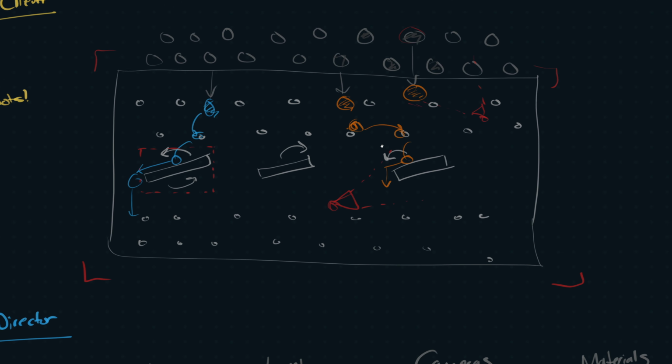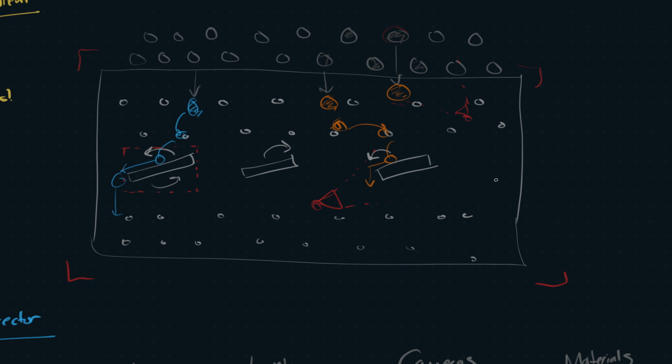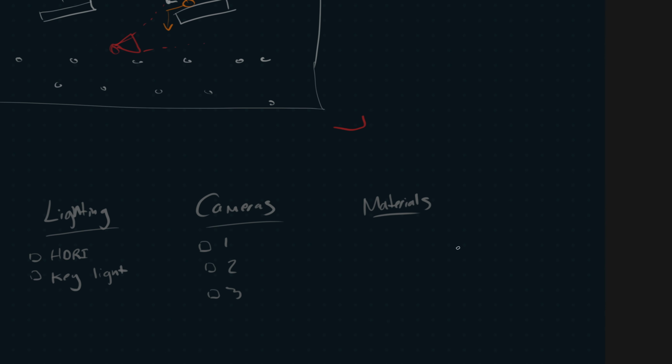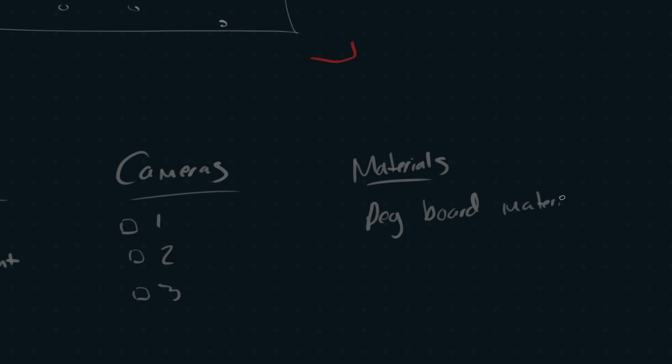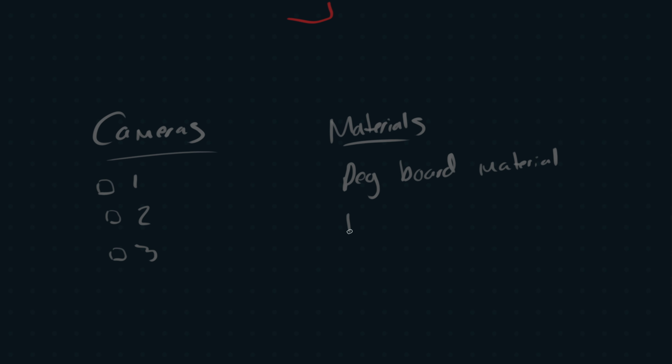So kind of a neutral color. And then the colors I want to have be mostly coming from these objects that are falling. So kind of a neutral tone. Actually, I'll just say pegboard material. And marble material.